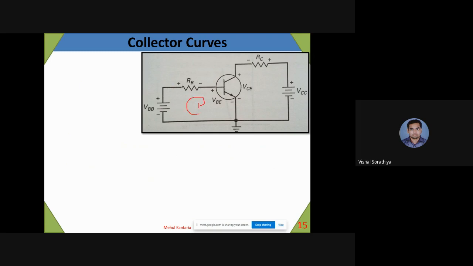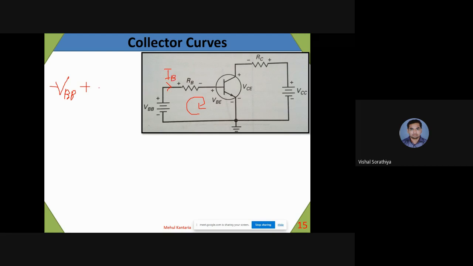Okay, Kirchhoff's voltage law. If you apply it to a simple closed loop circuit, the equation will be like minus VBB, plus the current that is going to pass through this one. I can say it is the base current, IB.